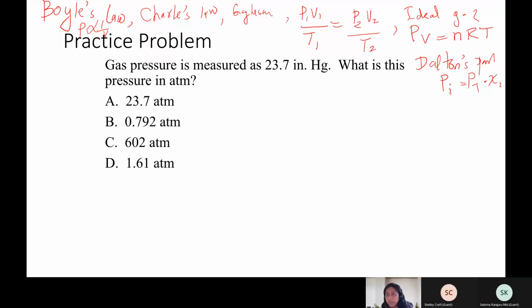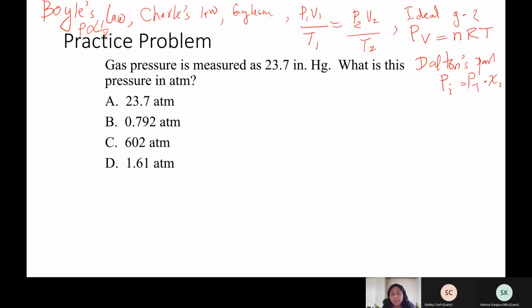We can apply the ideal gas law equation only for gases which behave as an ideal gas, but then we talked about the real gas law equation, where we introduce the correction factors for the volume and the pressure, and then the kinetic molecular theory.